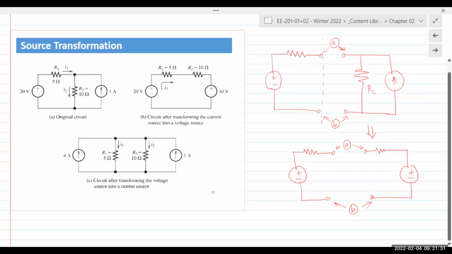Hope that those arrows make sense. We take the original circuit, we split it, transform it, connect it back into the circuit. And now what we have are 2 voltage sources with 2 resistors in series.